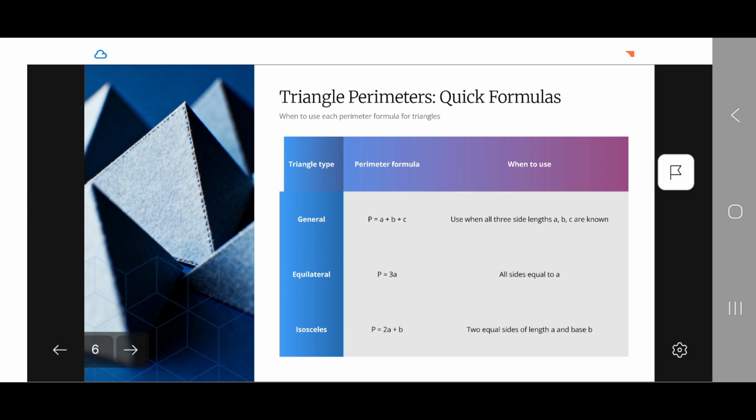So, for general, the perimeter is equal to A plus B plus C. For equilateral, put perimeter equals 3A.